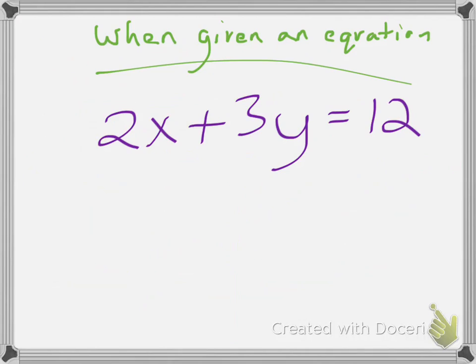Now, it's a little bit different when you're given an equation. So when you're given an equation, this is what we're going to do, and I'm going to try to make the connection with you. Let's find the x-intercept first. Now let's think about the x-intercept.